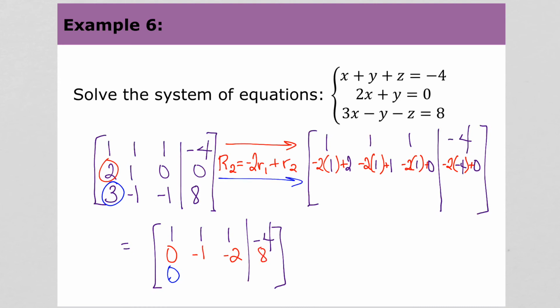Now let's do the bottom. Remember, we need to get a 0 in the spot where right now there's a 3. How do we get a 0? Subtract 3. So -3 times row 1 plus row 3.